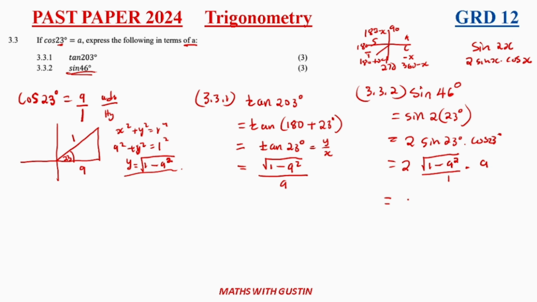So our answer is definitely 2a times the square root of 1 minus a squared. That's how you would deal with questions like these ones. Let me move on and do 3.4 in this video as well, just to make sure that at least we have another video on reduction or simplifying.